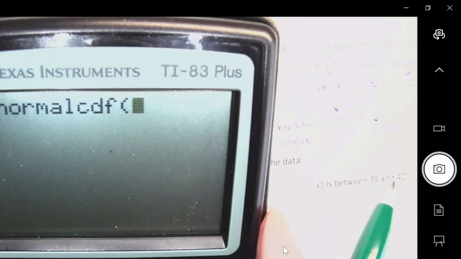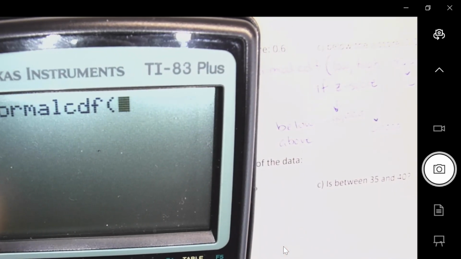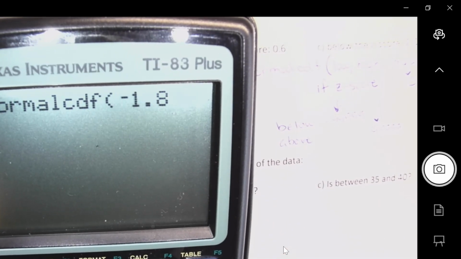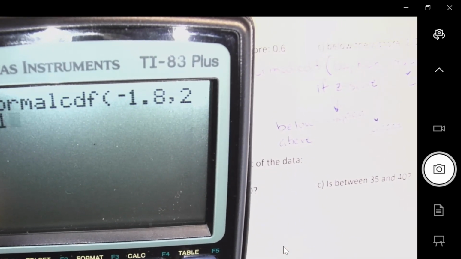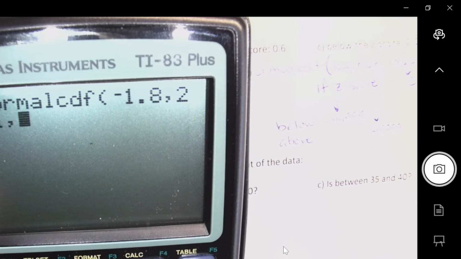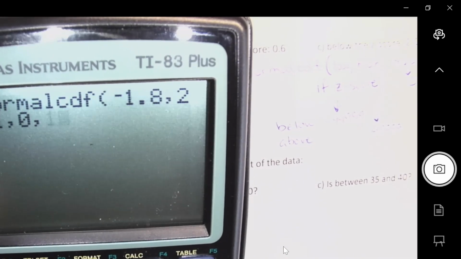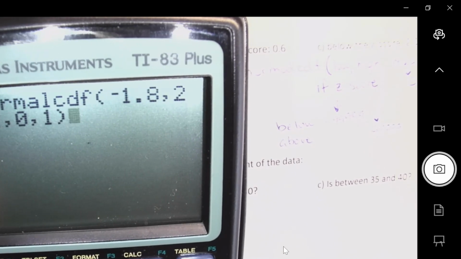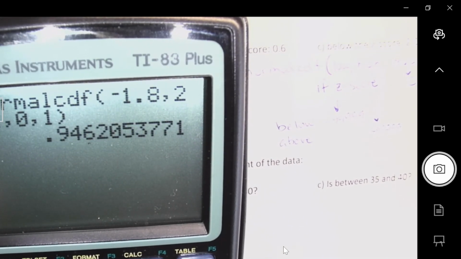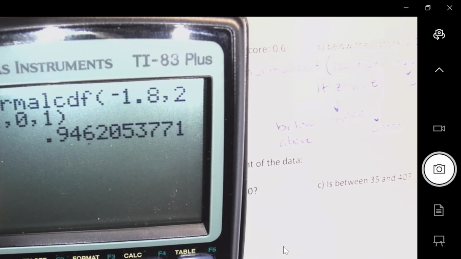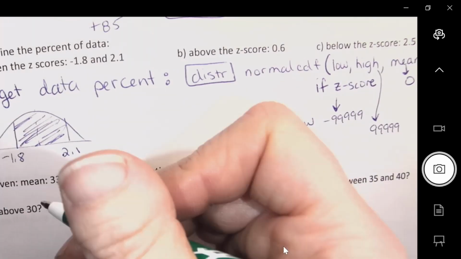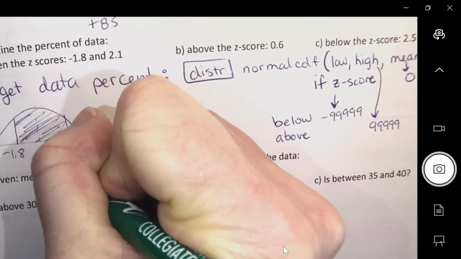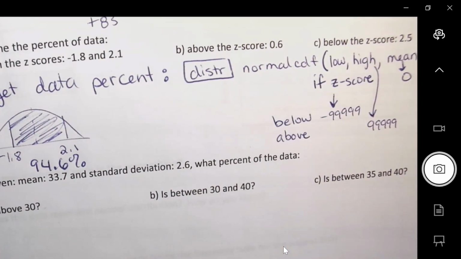Okay, so normal CDF, negative 1.8, comma, 2.1, comma, what do we do in this situation? 0 and 1, right? And this is a percent, so you can times it by 100 if you want. 94.6% of data.